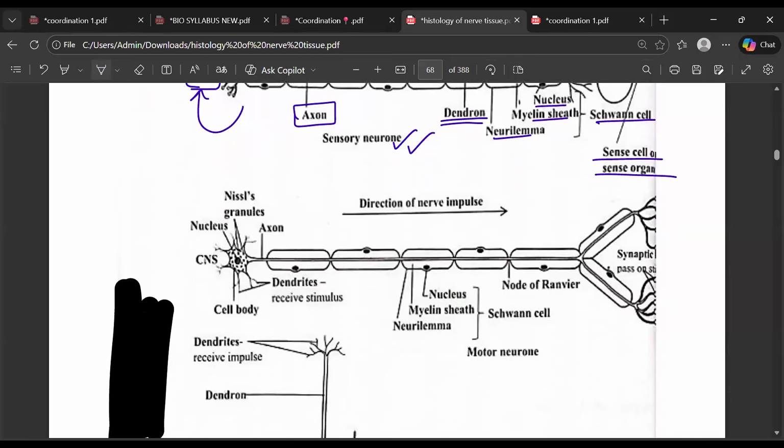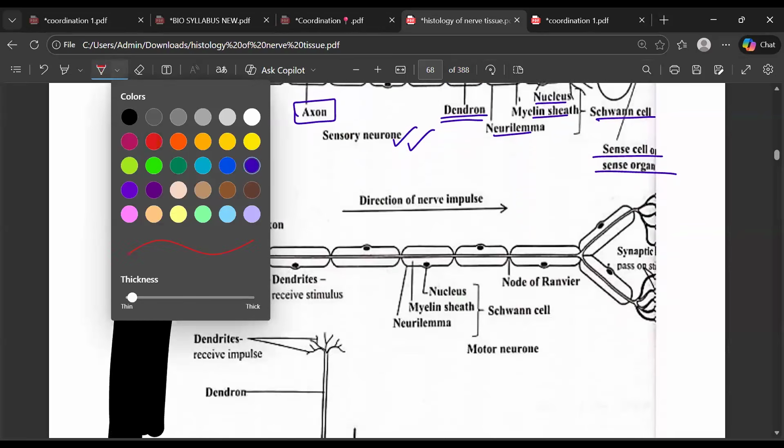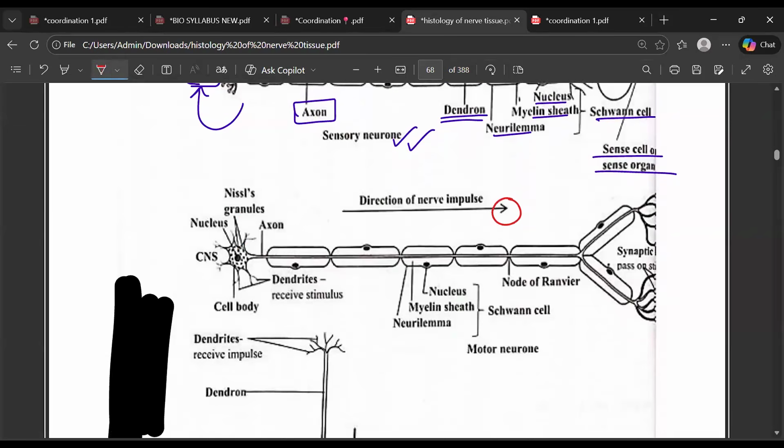Then the motor neuron. So the motor neuron, it will now be in this direction. They just wanted to maintain the CNS on one side. Yeah. So I think you can see also that the dendrites, these ones, they're just next to the cell body, as I said. So the cell body is just releasing one thing, the axon.